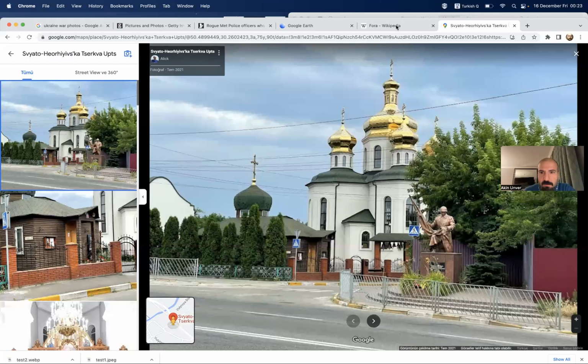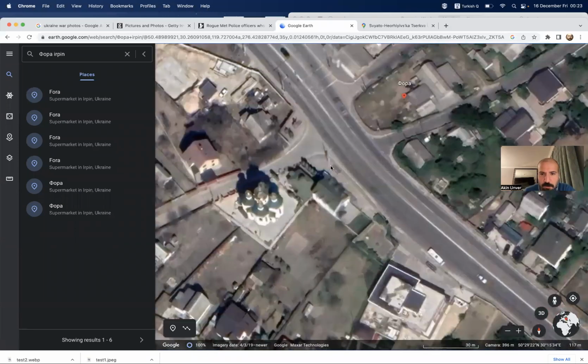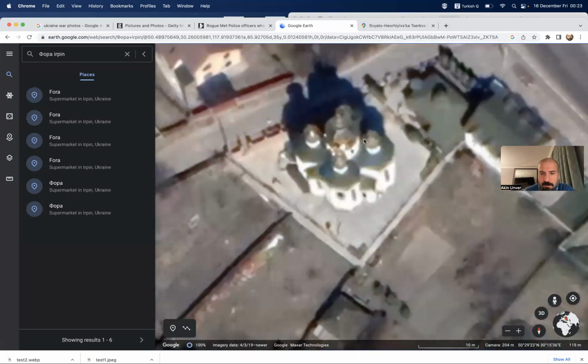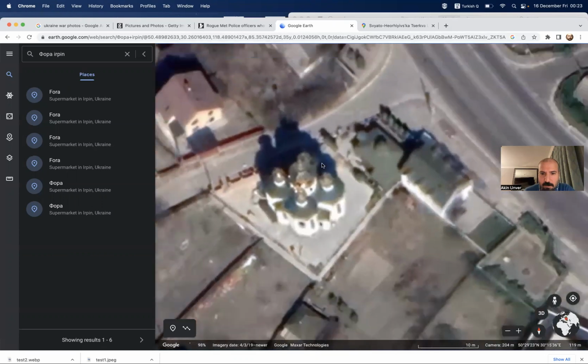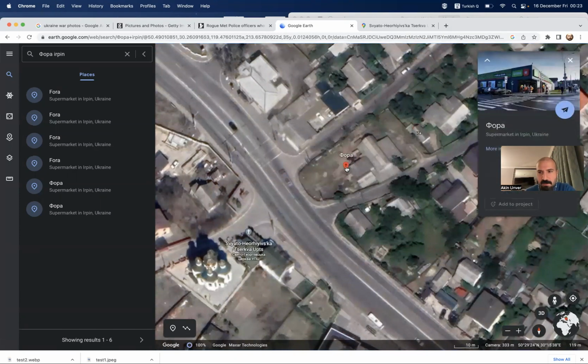So we close this as well. So this is the church that we were seeing. Now the problem is this: the satellite imagery that we have is so old that fora is not even constructed yet in the images.